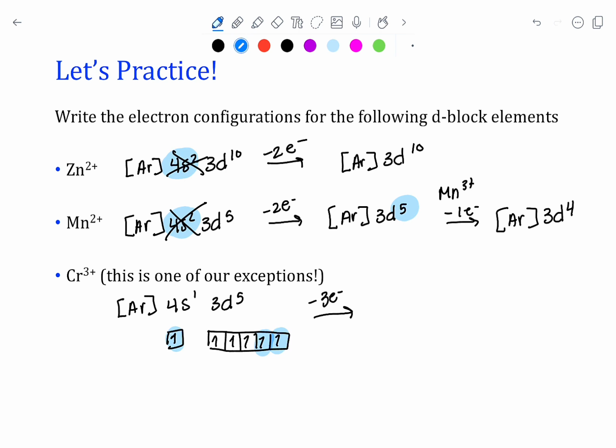So we are going to be left with argon 3d3, because we've removed those electrons. We've gotten rid of that 4s, and we've changed that 5 now to a 3. So we only have 3 electrons left in our d orbital, so it becomes argon 3d3.